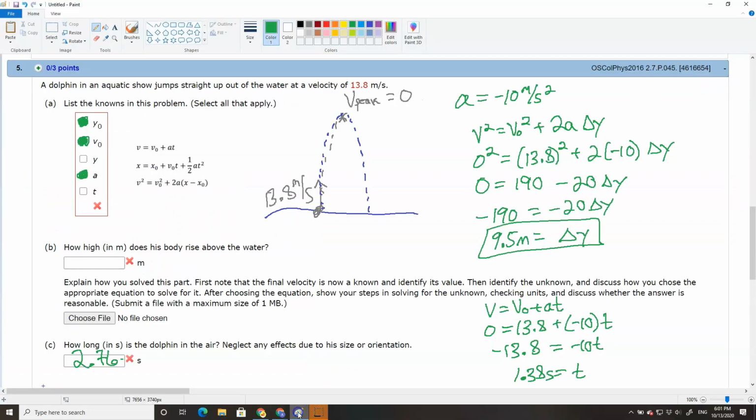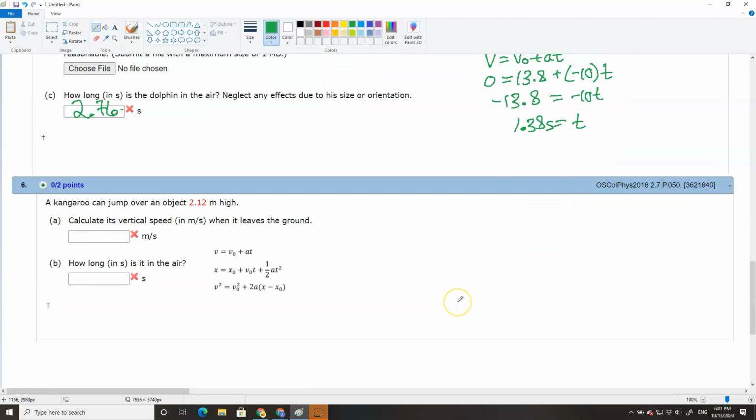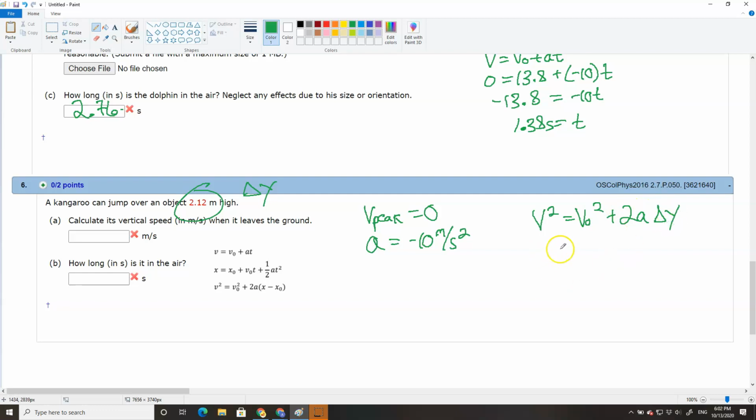Last one with the kangaroo. This is actually the same thing as the dolphin question, with one minor detail that's different. Instead of being told the initial velocity, you're told the height. But the kangaroo at the peak velocity will still be 0, acceleration will still be negative 10. And we're still using v squared as v naught squared plus 2a delta y.